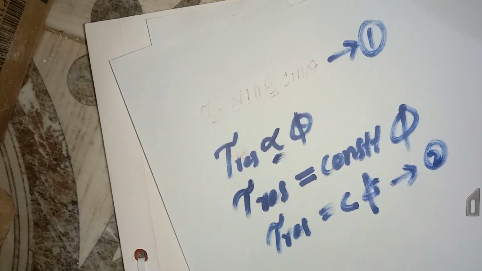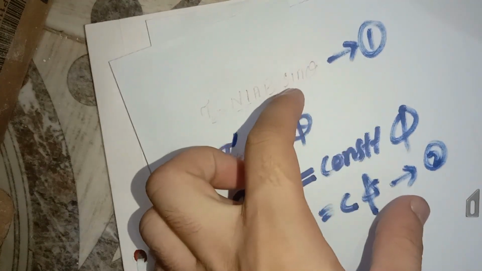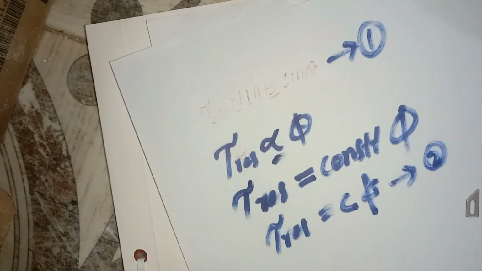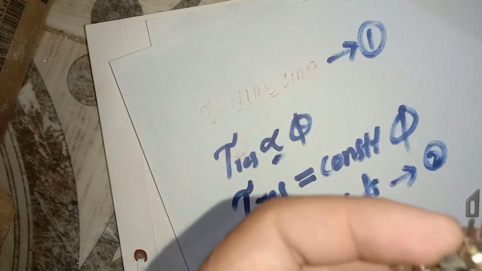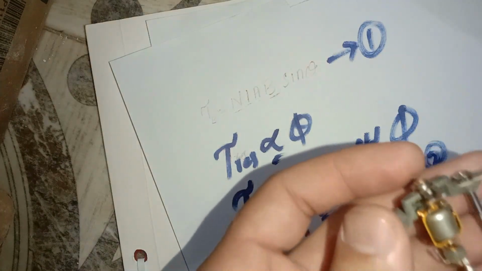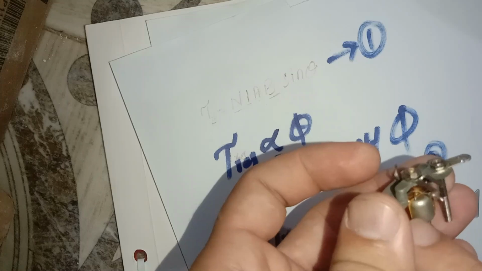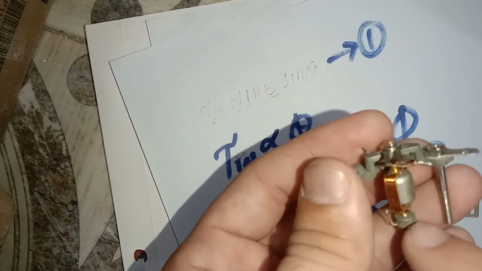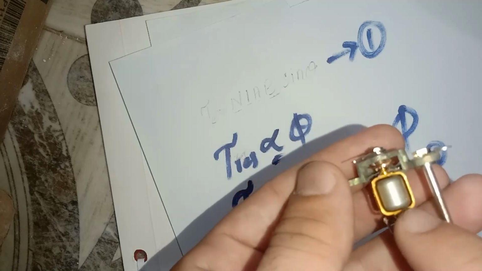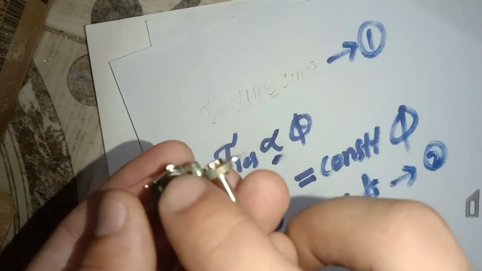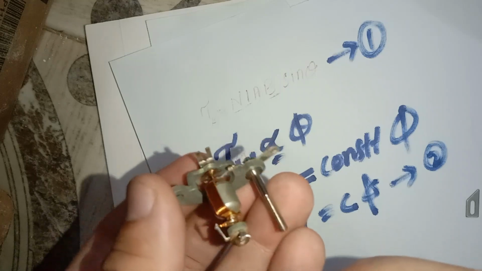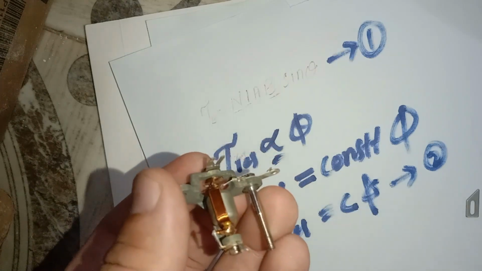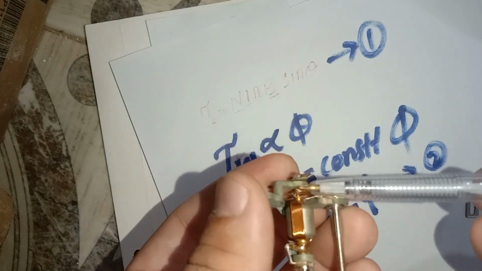If these two torques become equal, it means that the torque due to this coil is equal to the torque in the springs, the springs which are present on both sides of this coil.